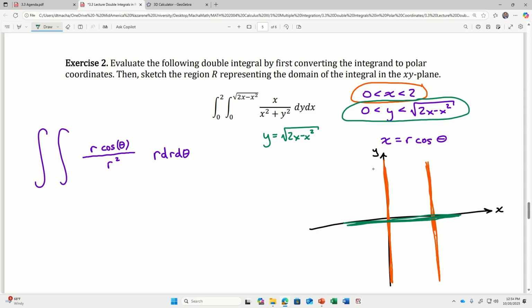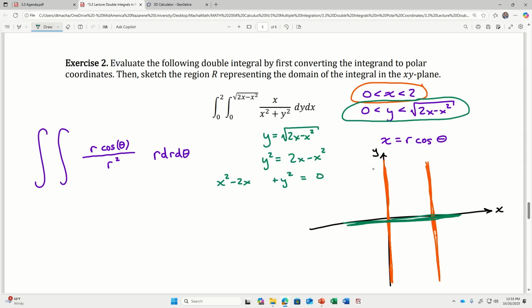So maybe I square both sides, and then move everything to the left side, call it x squared minus 2x plus y squared equals 0.